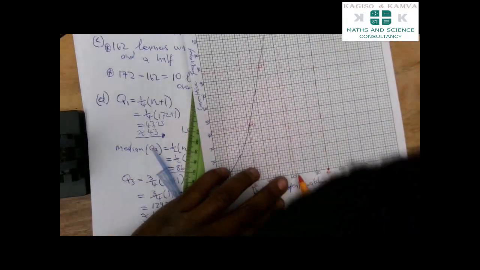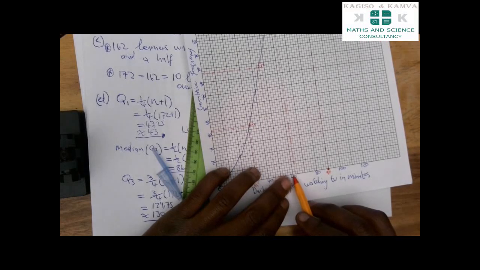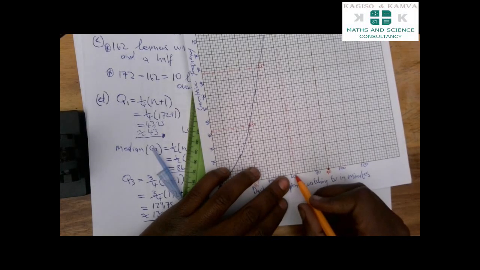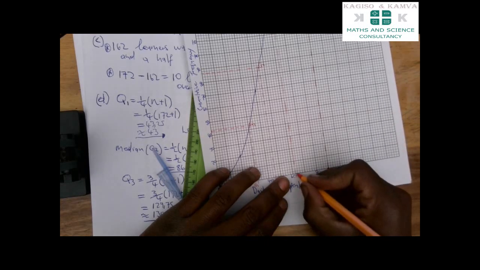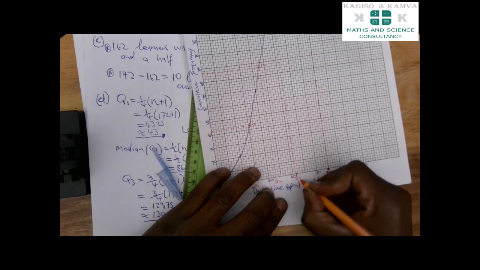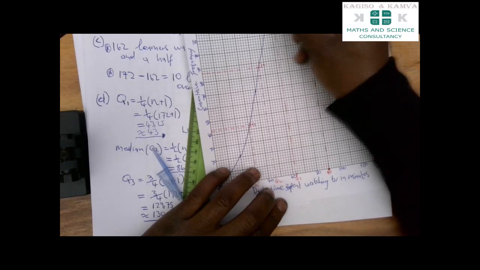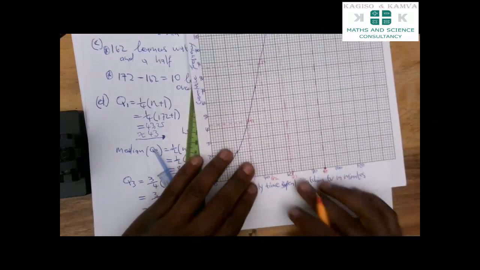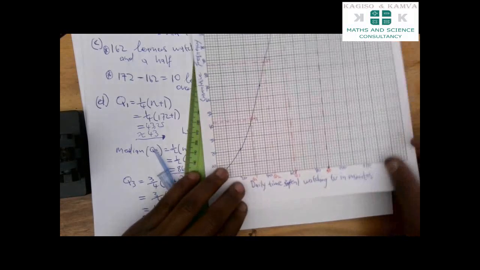So that will be 60, that will be 62, 63. Between these two lines is 63. So this one is going to be our Q3 there. Q3 is 63.